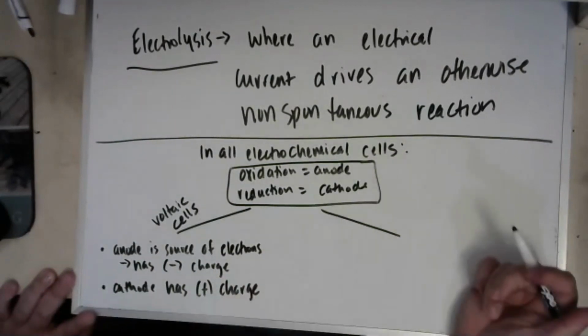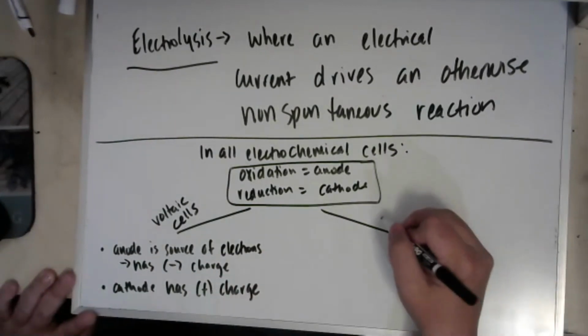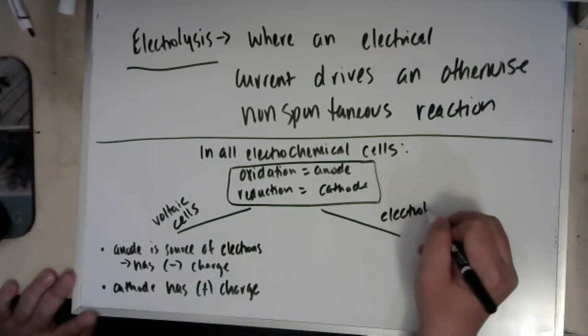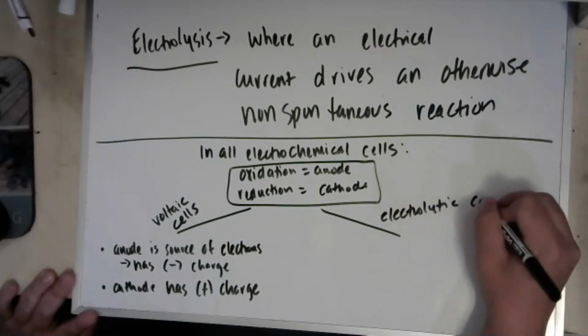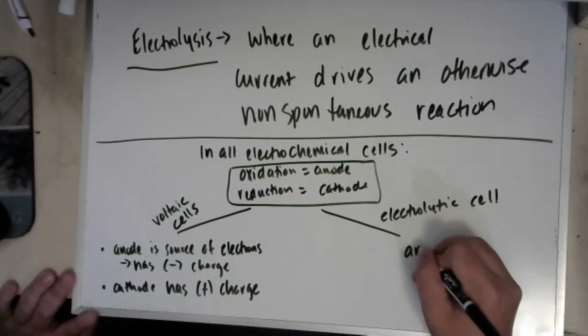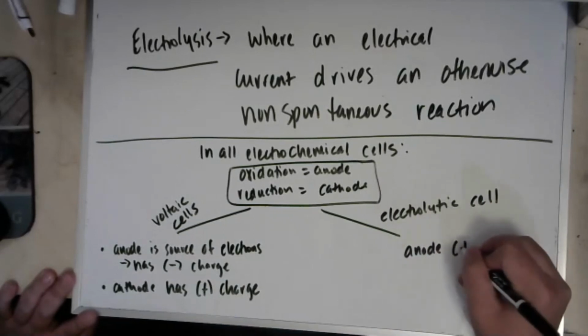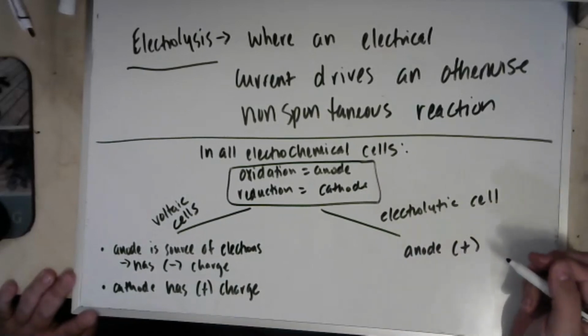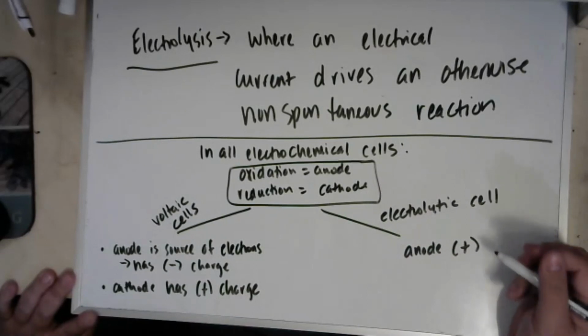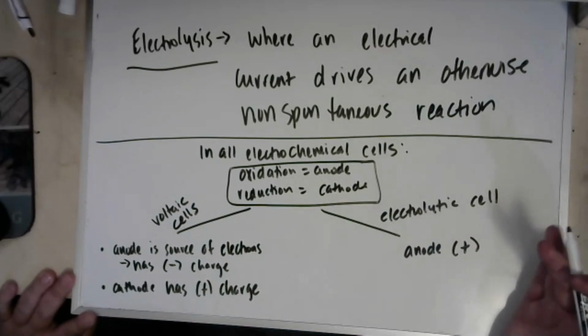The opposite is true in an electrolytic cell. In an electrolytic cell, our anode is going to have a positive charge, and that's why we're going to need some kind of current to drive the reaction.